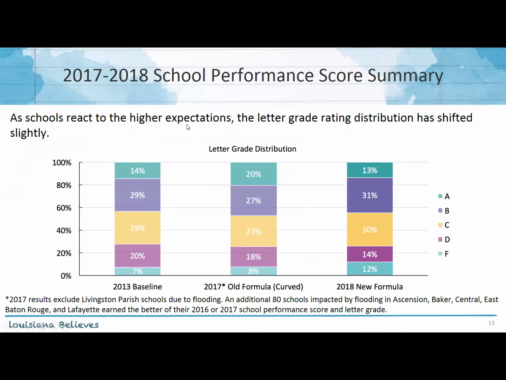As schools reacted to higher expectations, the letter grade distribution shifted modestly. 76% of our schools are in the same grade under the new formula as the old formula, and 3% did better under the new formula.